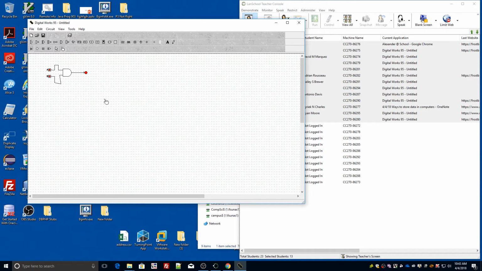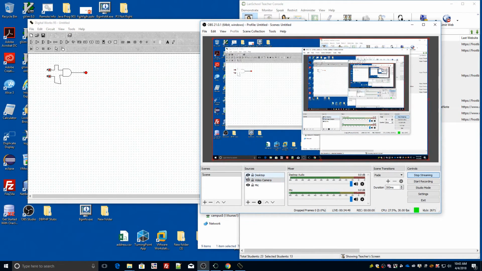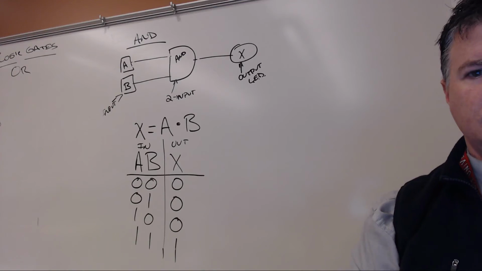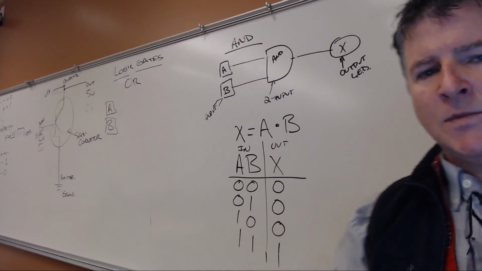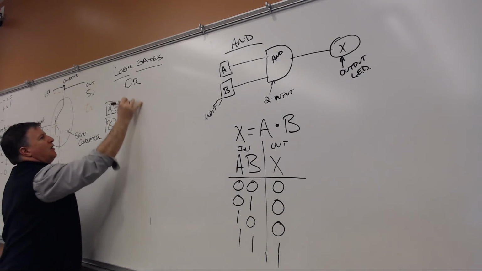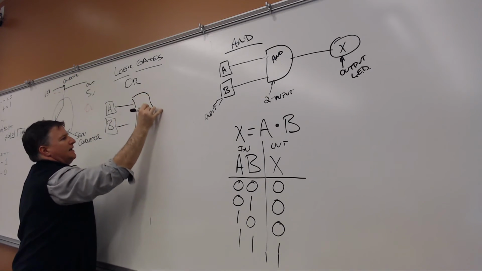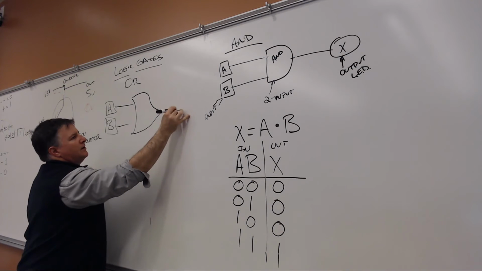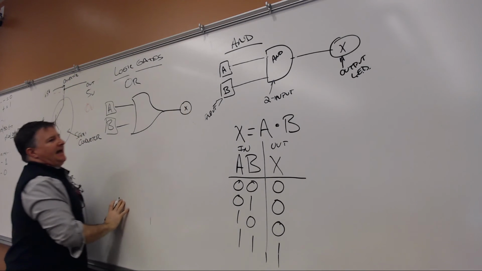Input of A and B. So I've got my OR gate, input of A or B. It's going to go out to my actual OR gate. It kind of looks like this with an LED of X.